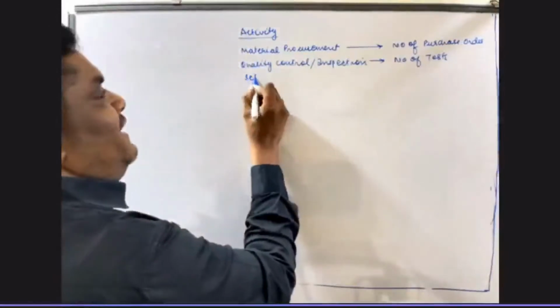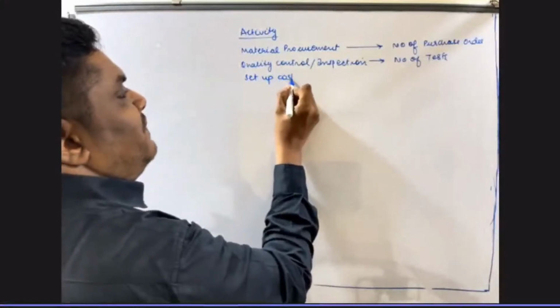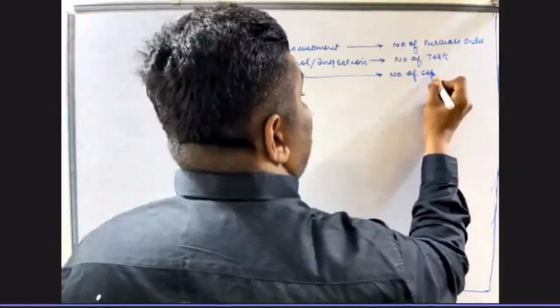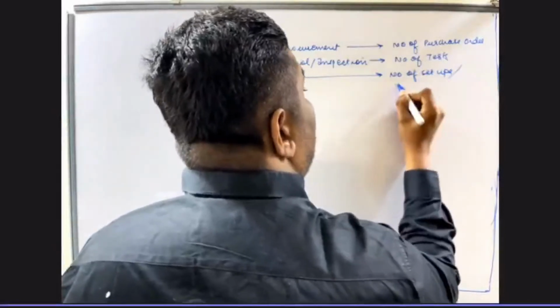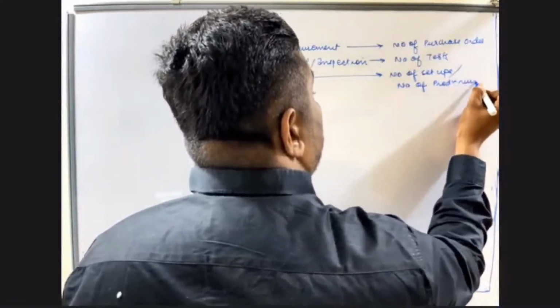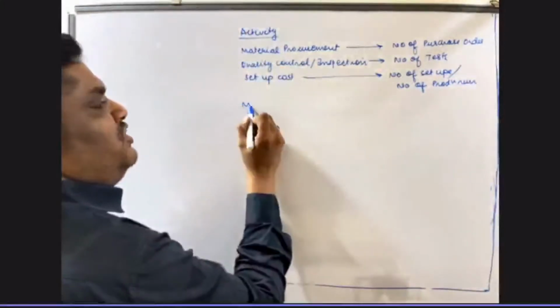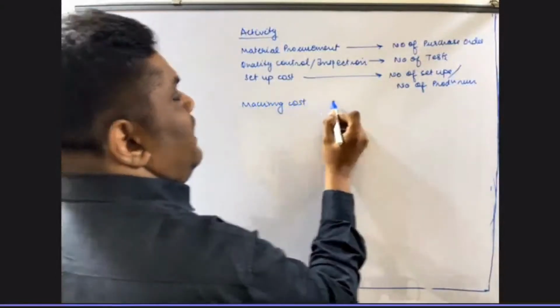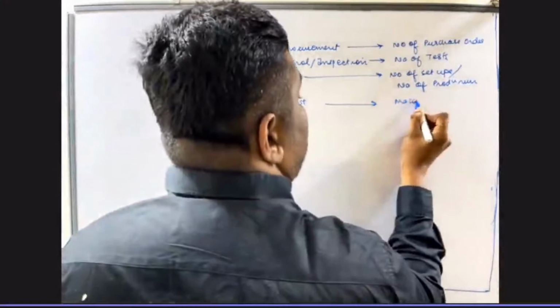Further, setup cost can be an activity. It can be absorbed on the basis of number of setups or number of production runs. Further, machining cost can be an activity. It can be absorbed on the basis of machine hours.